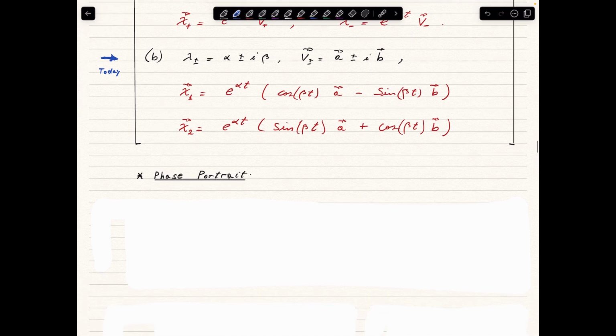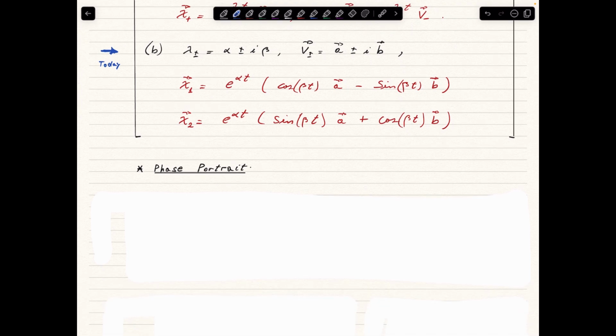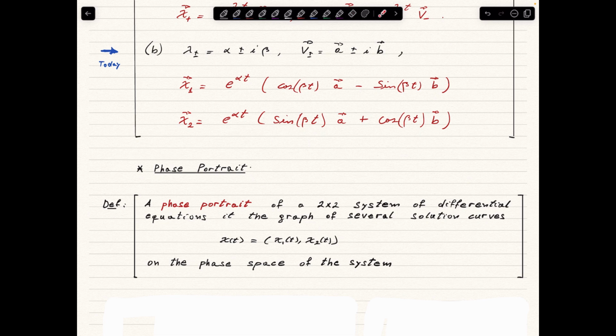But let's recall what we said at the very beginning. What is a phase portrait? A phase portrait of a 2x2 system of differential equations is nothing more than the graph of several solution curves on the phase space of the system. So we choose different initial data and we graph several solution curves until we get an idea how the solution curves behave in the phase space.